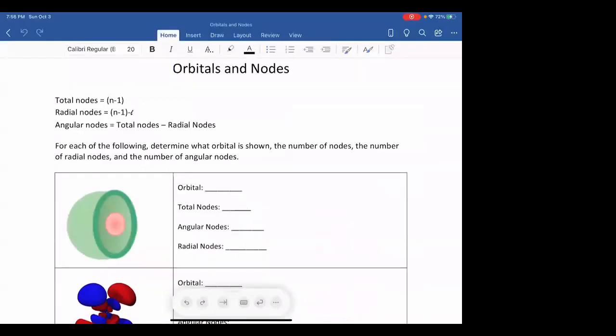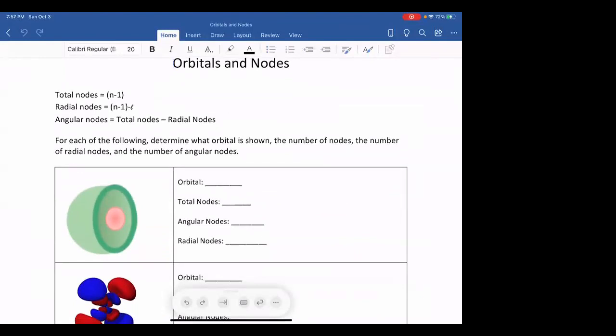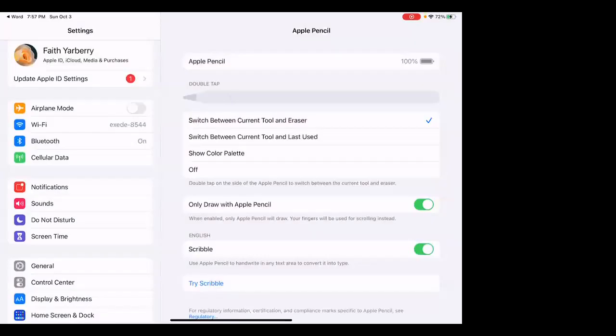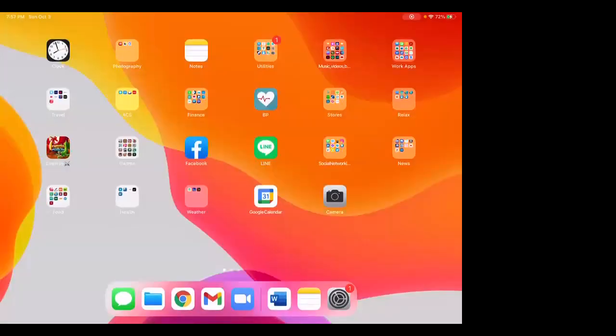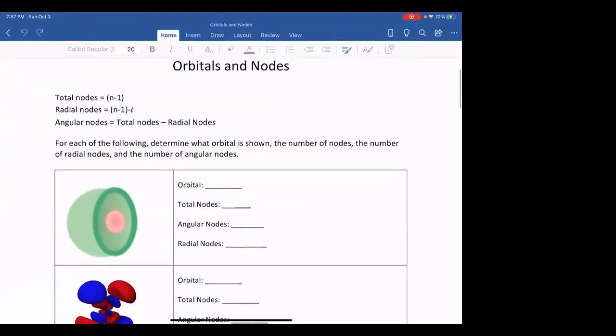Okay, so with this very first one, if you look at that inner circle, first of all, it's a circle.